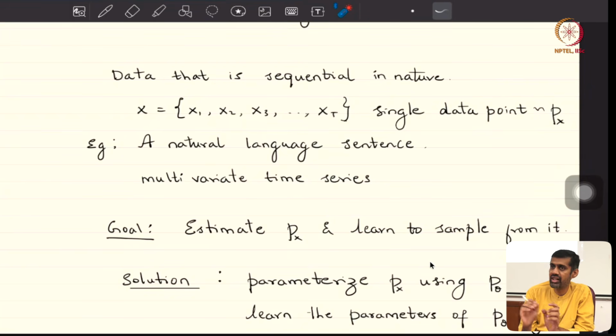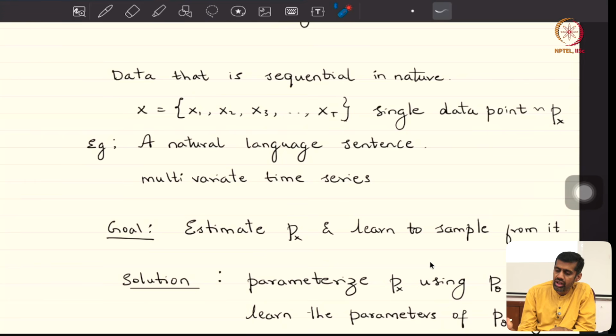You can represent every data point as a d by T matrix where you have capital T number of vectors, each of dimension d stacked into a series. So, that is one data point. Okay. Examples are a natural language sentence and multivariate time series and so on, where every word can be looked at as one member of this sequence.